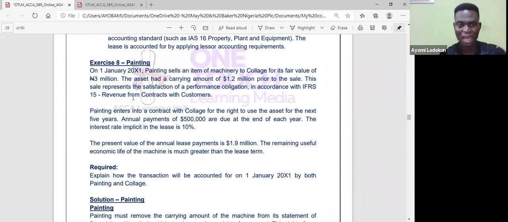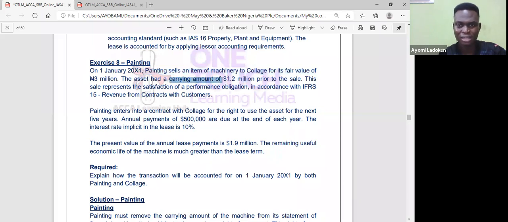But here, I sold at fair value, and I have to measure the right of use asset as a proportion of the previous carrying amount that relates to the right retained. So on 1st January 2021, Painting sells an item of machinery to Cottage for its fair value of 3 million. The asset had a carrying amount of 1.2.